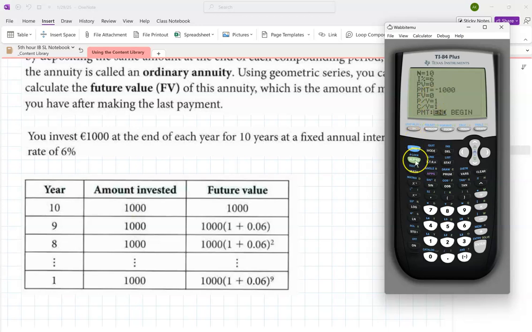And then to calculate the future value, we press alpha and then enter and then blammo. That's going to be the value after like 10 years. Well, we're putting $1,000 in. Right, because there's nothing in the account to start with, right? And we're going to be making that $1,000 payment.